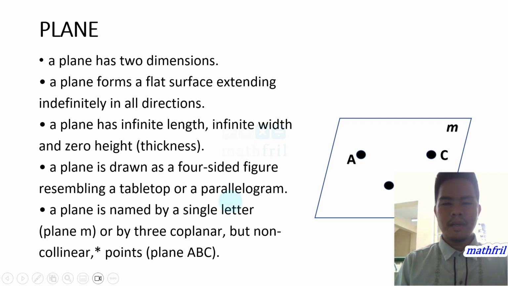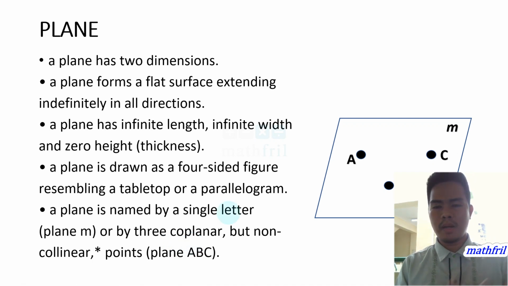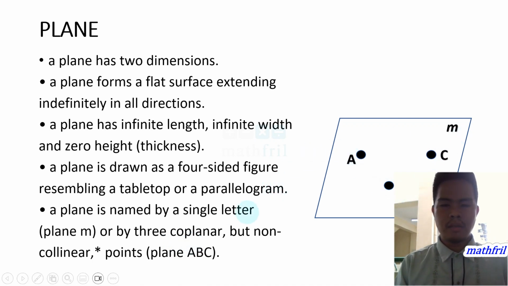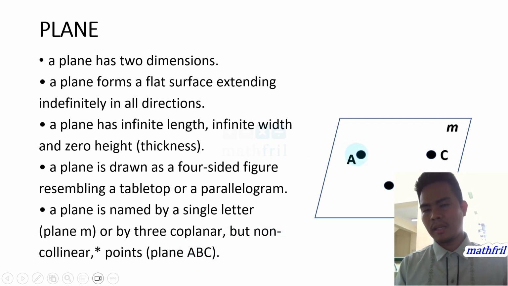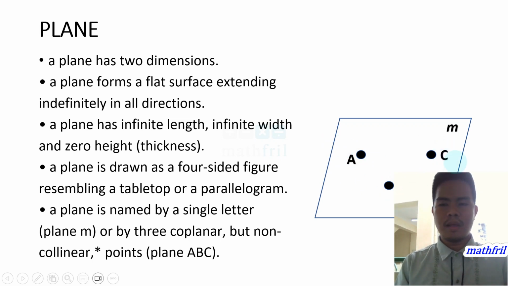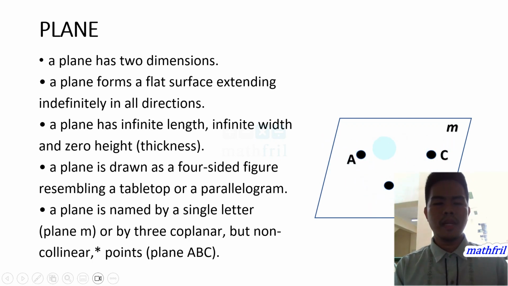A plane is named by a single letter, that's M in this example, or by three coplanar points. Coplanar means on the same plane. So three coplanar but non-collinear points, which cannot form a straight line, but are forming one plane. For example, here are points in plane ABC.